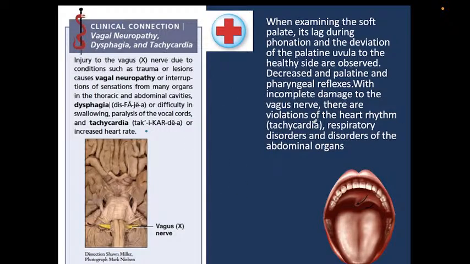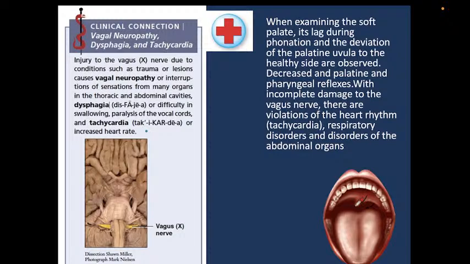An interesting symptom we may see when examining a patient with disorders of the vagus nerve is a deviation of the palatine uvula.